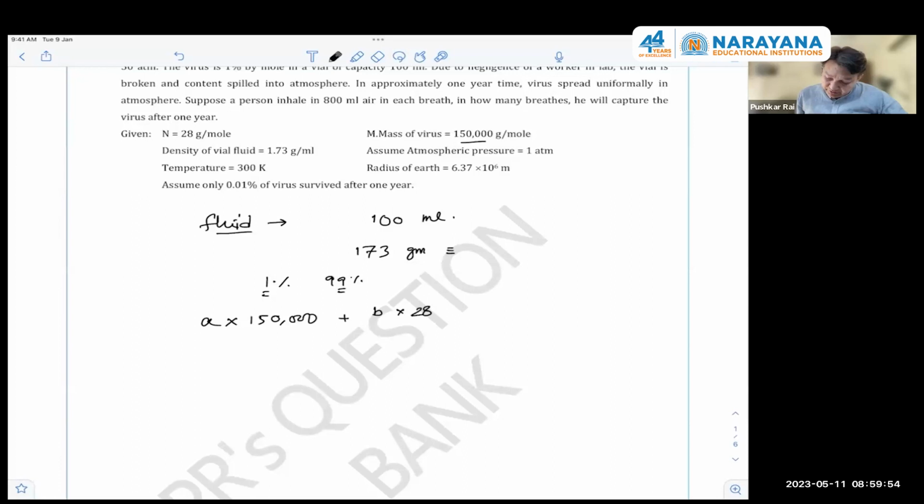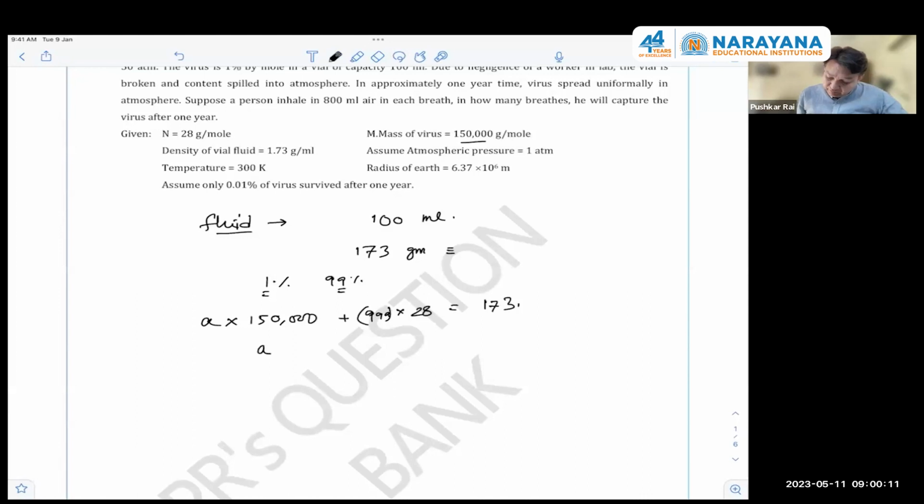And this B should be equal to 99A. And this value is given, that is equal to 173.